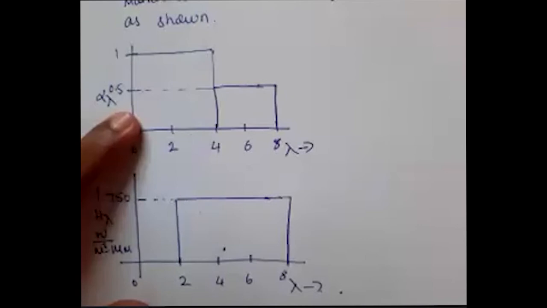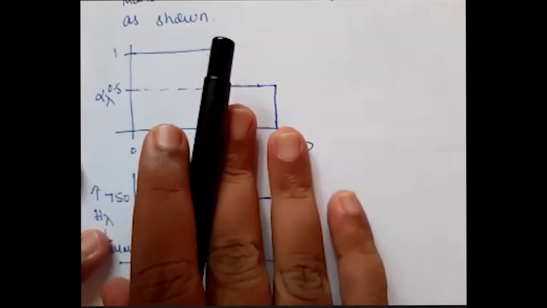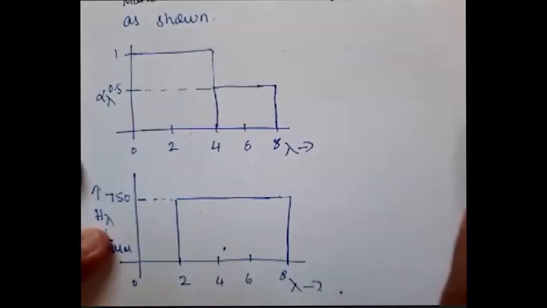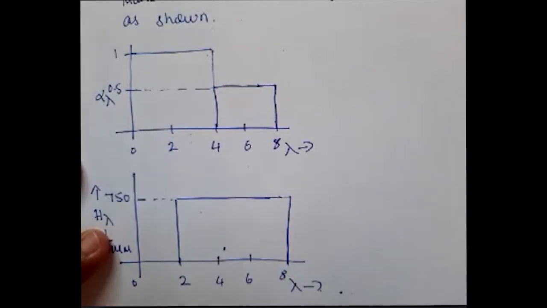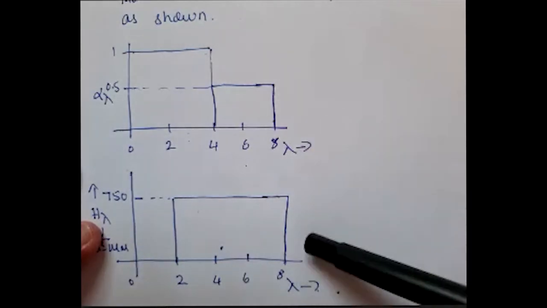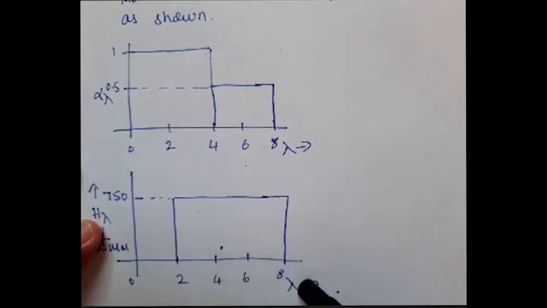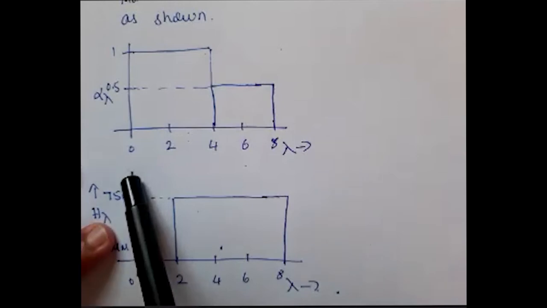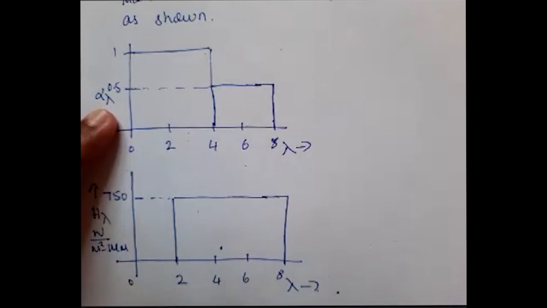I repeat, in the first sentence it is given that the variation of monochromatic irradiation on an opaque surface and monochromatic absorptivity with lambda, that is the wavelength, is as shown. To read the graph, on my x-axis we have the wavelength, and on the y-axis one is monochromatic irradiation and the other one is monochromatic absorptivity.